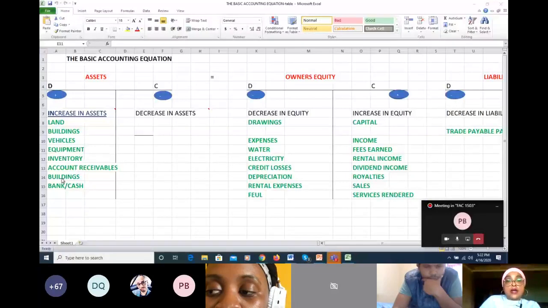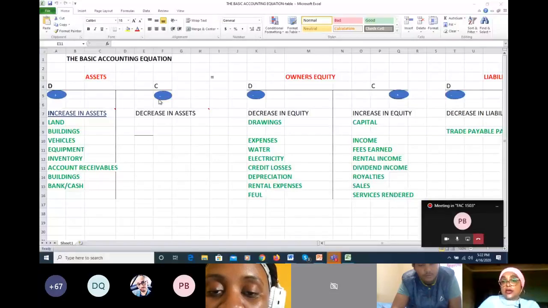When we sell our buildings, vehicles, equipment, or when we pay money out of our bank account, under credit here's a minus, which means it decreases my asset account. So on the credit side, when we sell something or pay money out, we say we credit my asset.